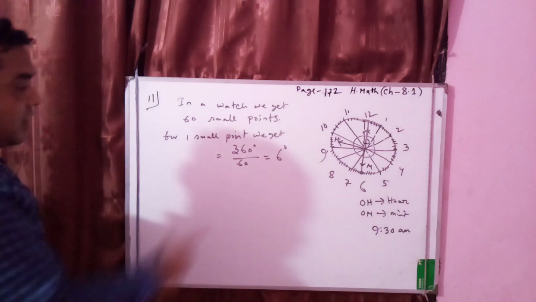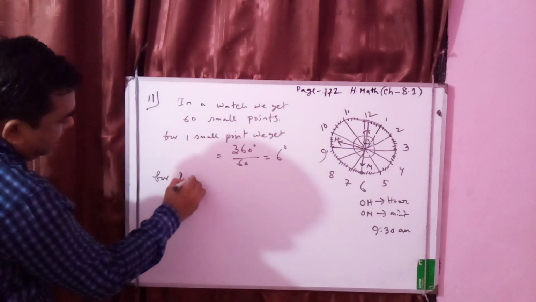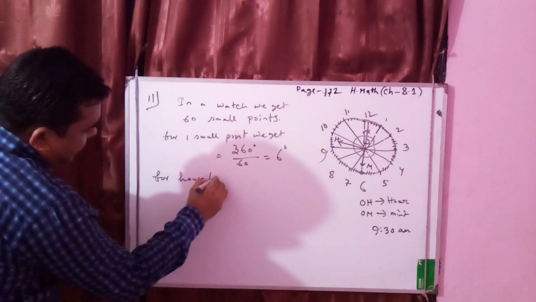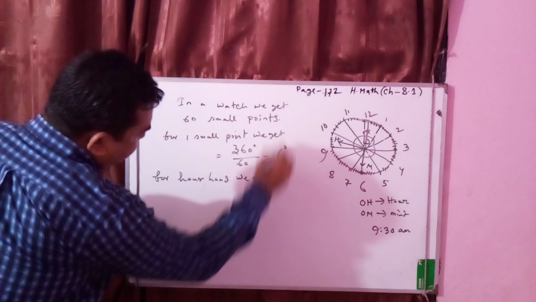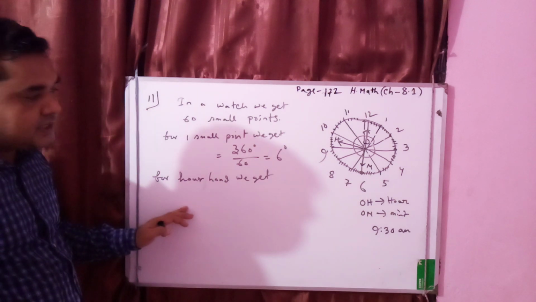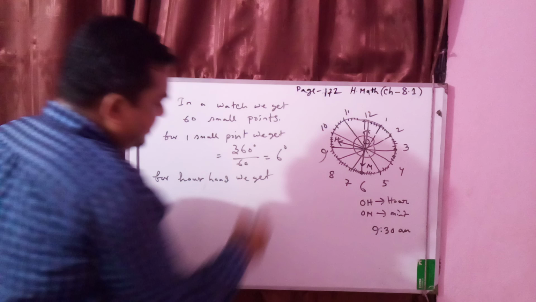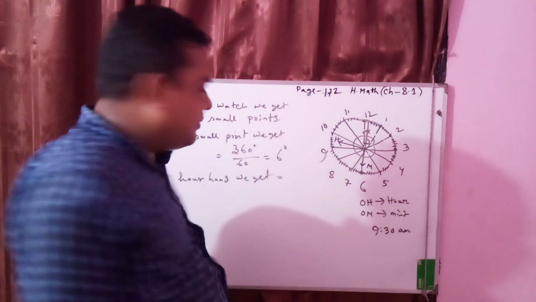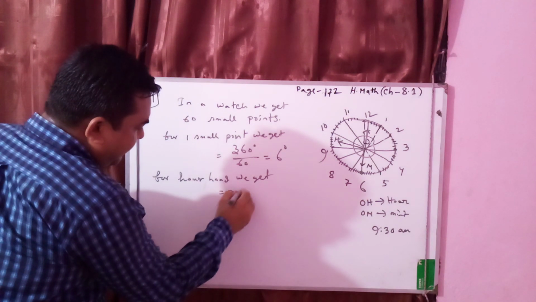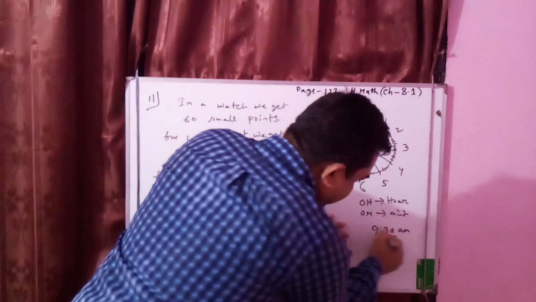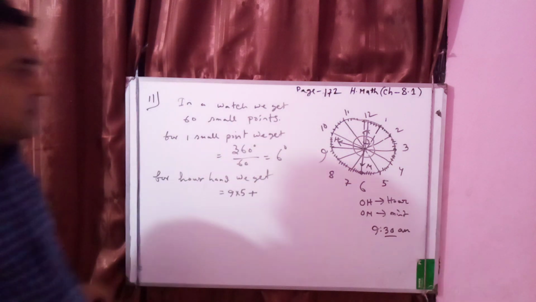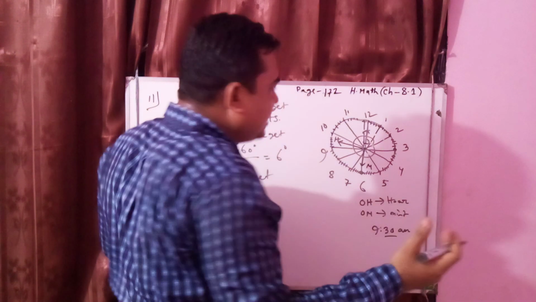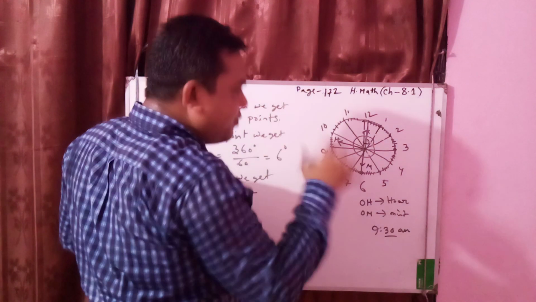Okay, for the hour hand, how many points do we get? Here it is 9:30 am. That means 9 multiplied by 5 plus the 30 minutes.